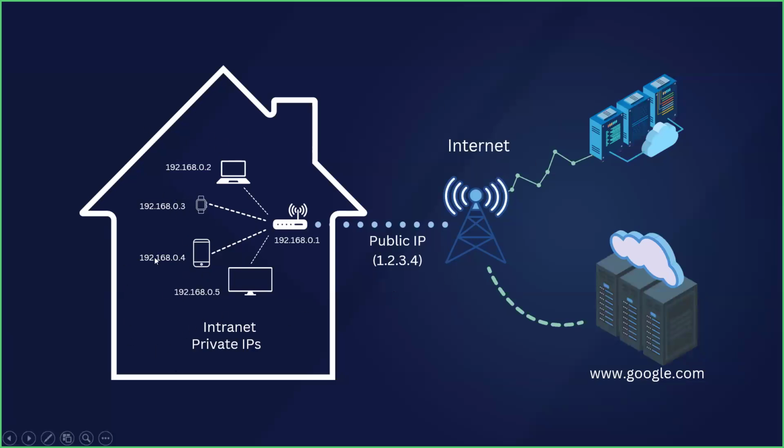When any of these devices wants to send a packet to the internet, it always goes to the gateway, the router, the default device to which the packet is sent. And from here, it reaches the internet, hence the name default gateway. Packets entering the private network or going outside of it have to pass through this gateway, hence the name default gateway.